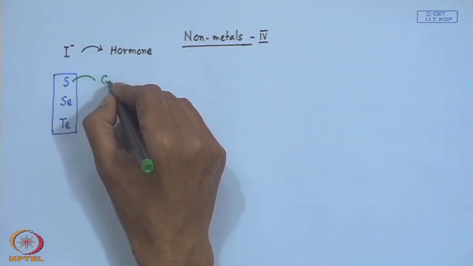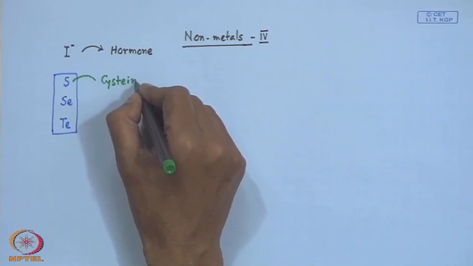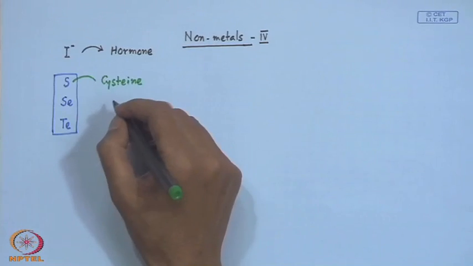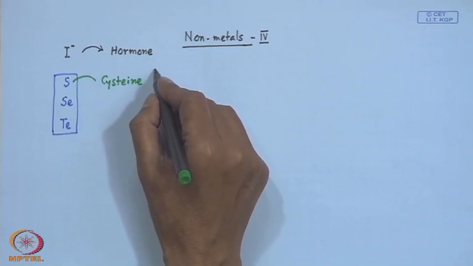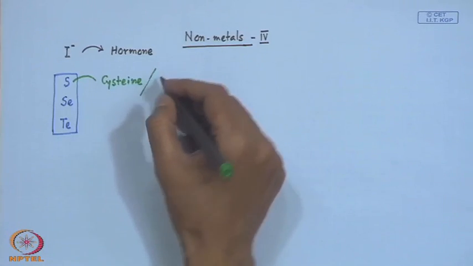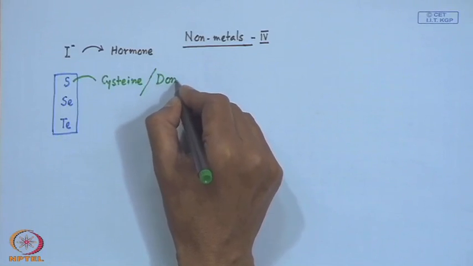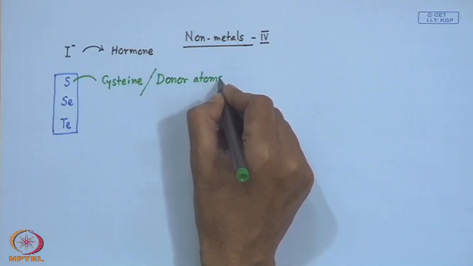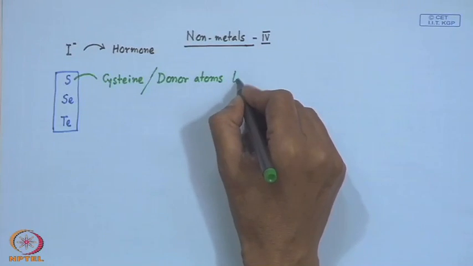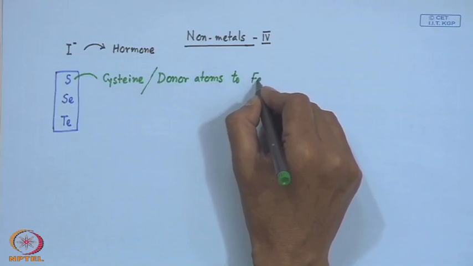from the cysteine, so it can be present in the amino acids like cysteine and methionine, but in this particular case these are functioning as simple donor atoms to different metal ions, say iron.